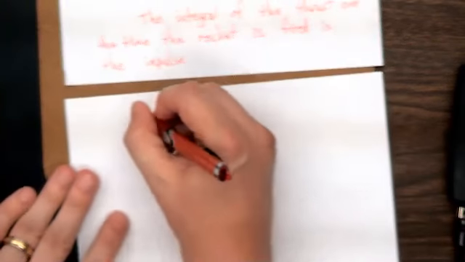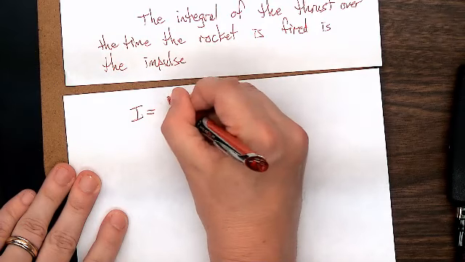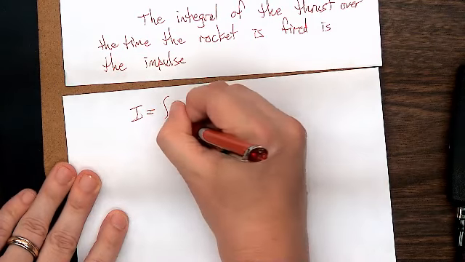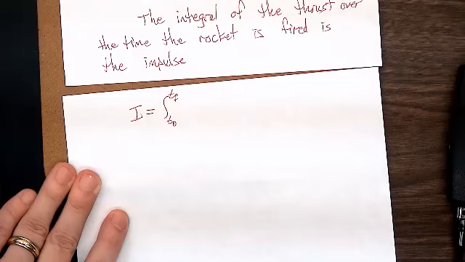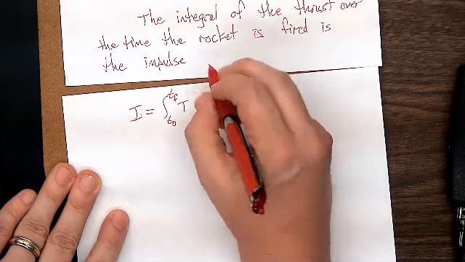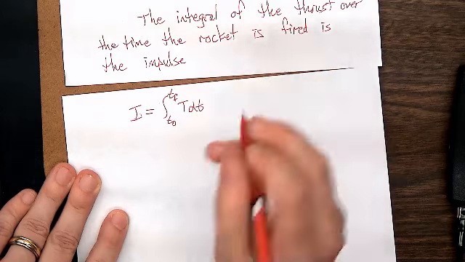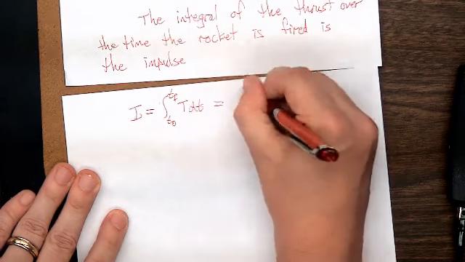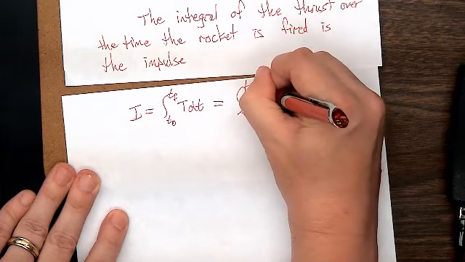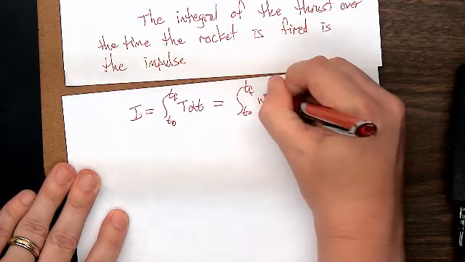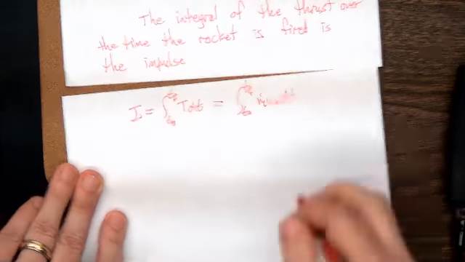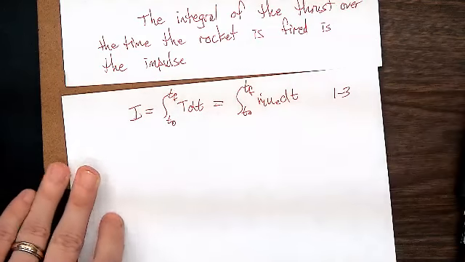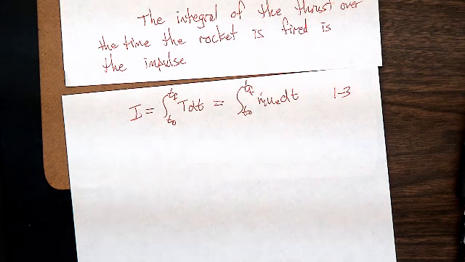And so we'll write that as capital I is equal to the integral from some initial time t naught to some final time t sub f of thrust times dt, and that's equal to the integral over the same time period of m dot times u e dt. That's equation 3.